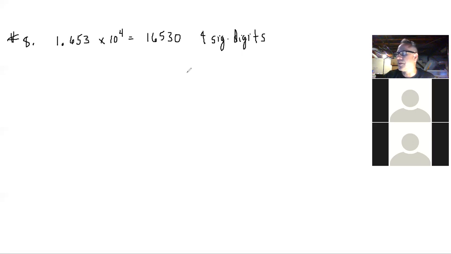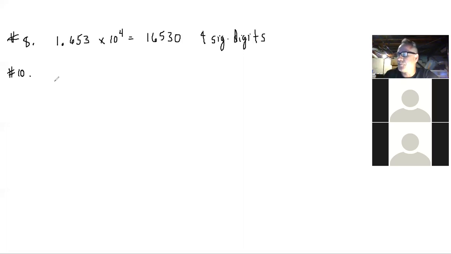There's another one kind of like that one. Well, let's back up. All right, so I'm going to look at number 10. Okay. We're going to carry out the indicated operation that's given, and we're going to give our answer to the specified number of significant digits.